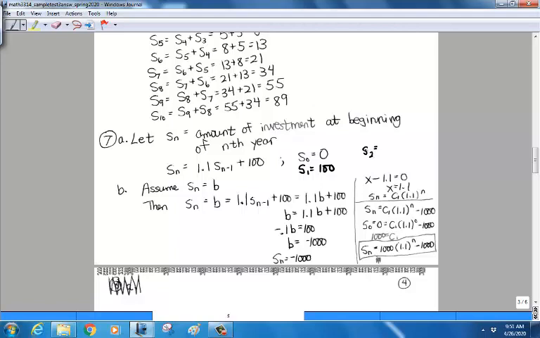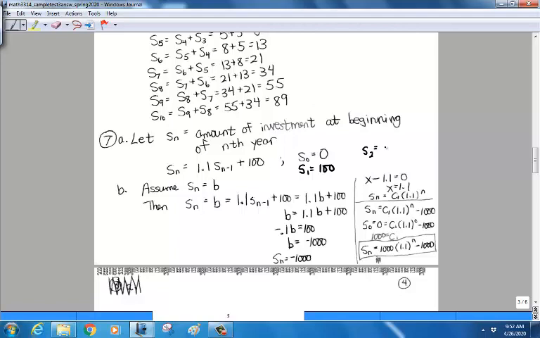So by inspection, what would S sub 2 be? That's how much do we have at the beginning of the second year. Well, notice that at the beginning of the second year, you're going to get paid interest on the $100 that you invested at the beginning of the first year. So you get 10% of that, plus you add in your additional $100.